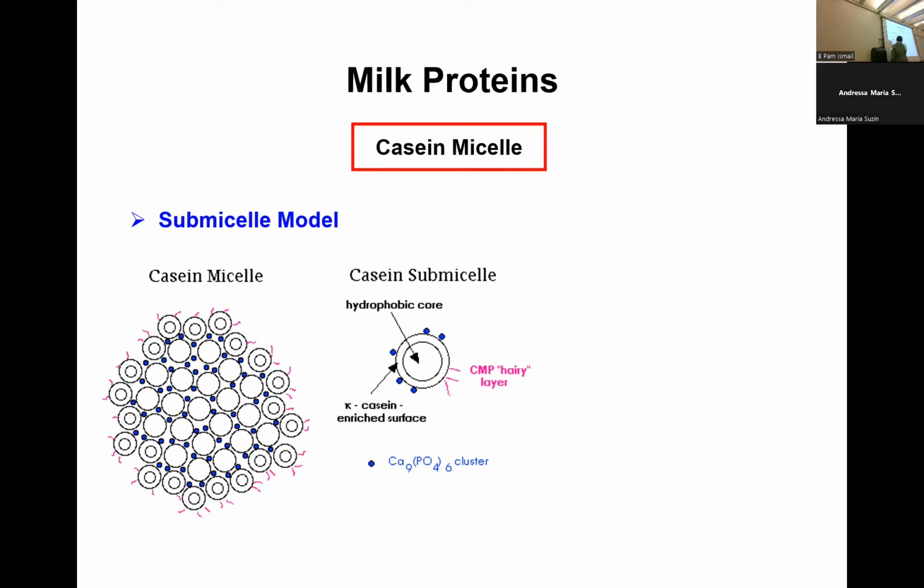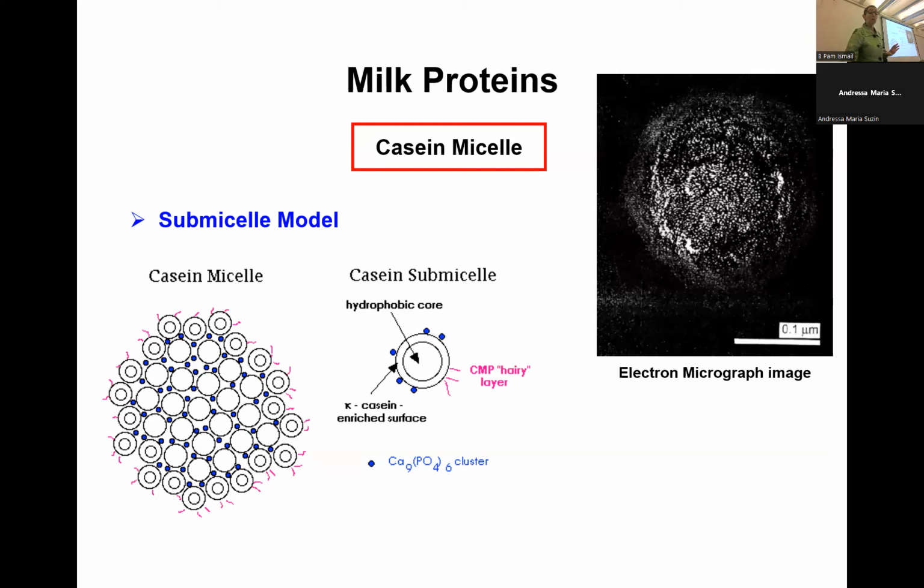Submicelles that have a lot of kappa dominate the surface. So in the middle, you might have some kappa casein, but not a lot. The submicelles with more kappa casein will be on the surface. The blue dots are the calcium phosphate clusters.